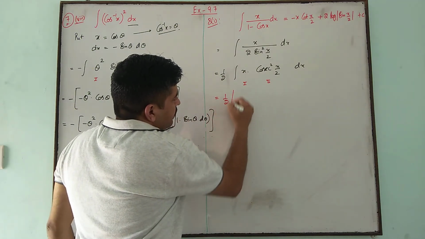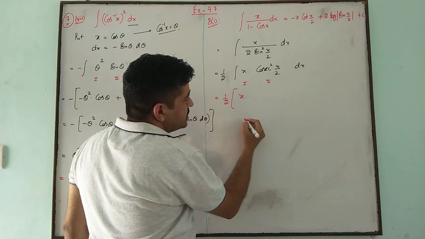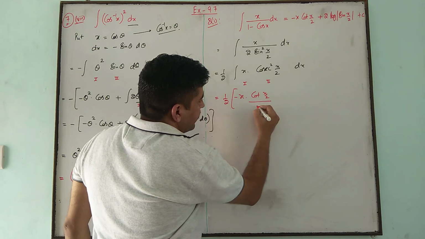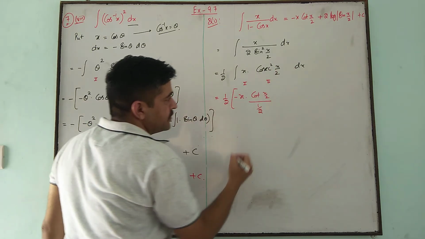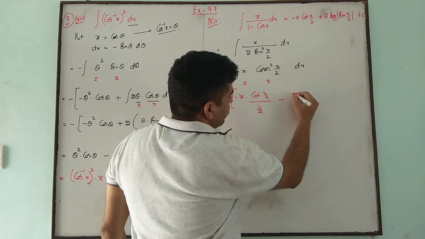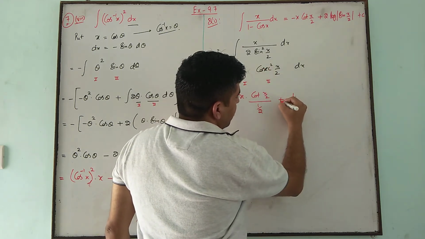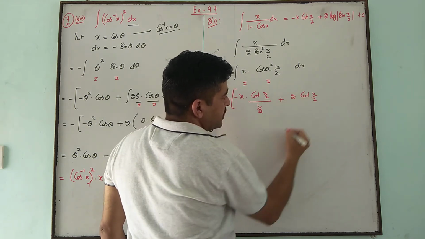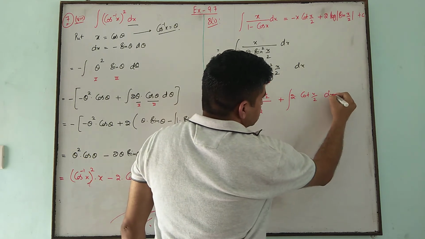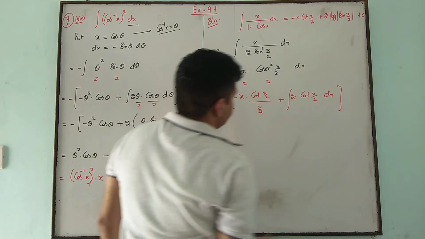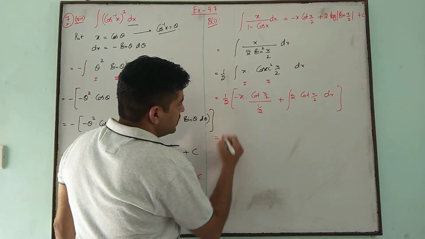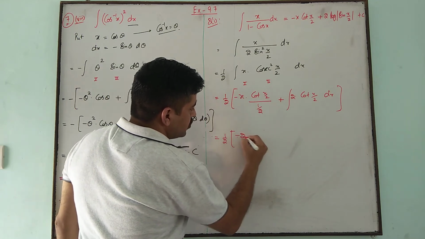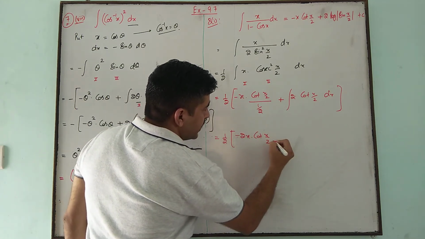So first function as it is, integral of cosecant square is minus cotangent x by 2 divided by 1 by 2, since the angle is linear, minus first derivative, then minus cotangent x by 2 divided by 1 by 2, so it is 2 by 1, and integral of this in multiplication with 1, so it is 1 by 2, this will be minus 2x cotangent x by 2.